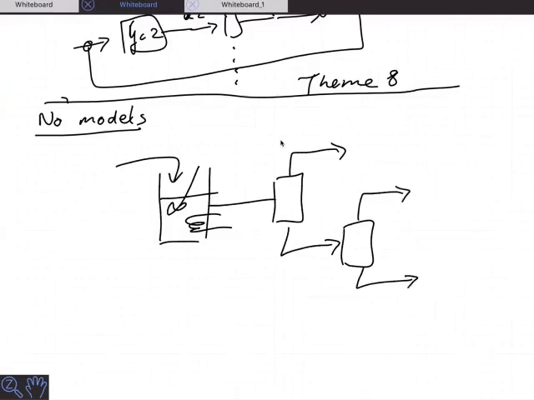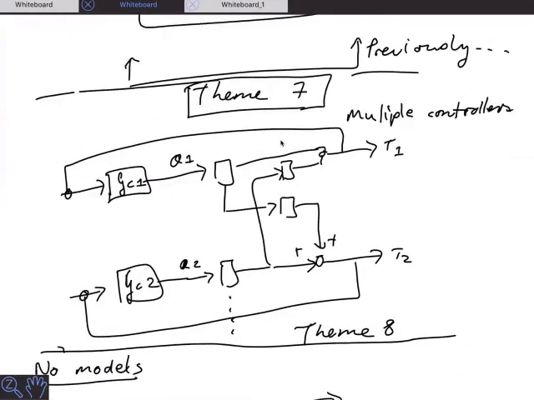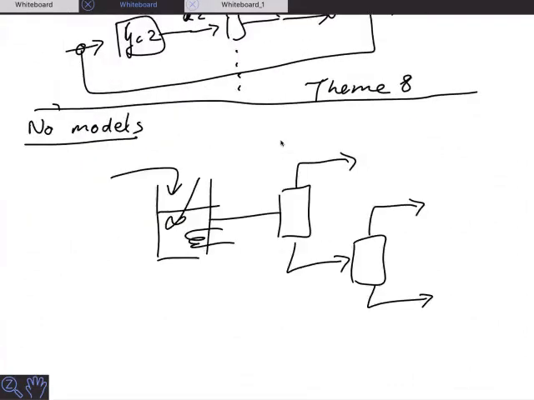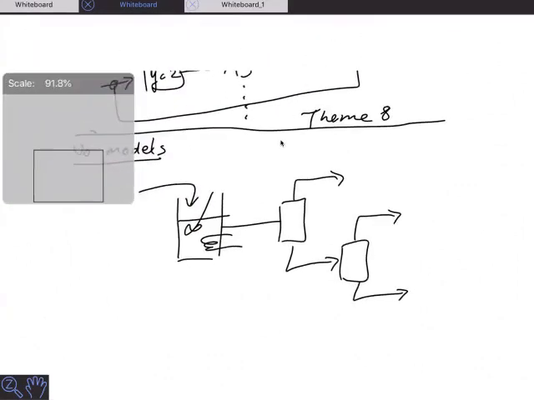And so in theme 8, we still have this problem. We introduced the idea that we have multiple controllers in theme 7, right? And in theme 7, if we have models, we can do calculations and we can figure things out. If we don't have those things, what do we do? Now we're doing control philosophy.